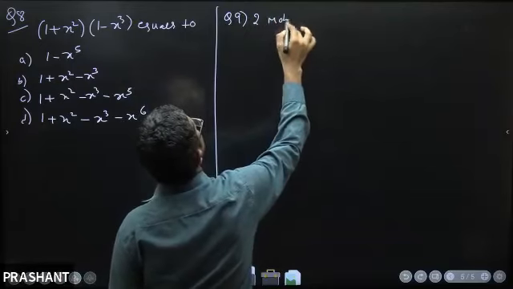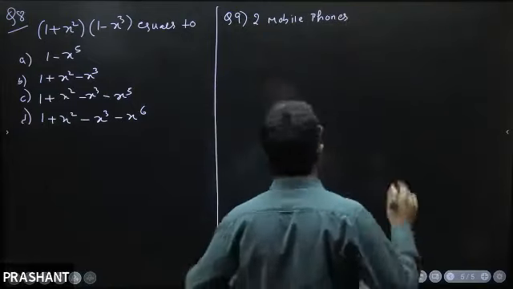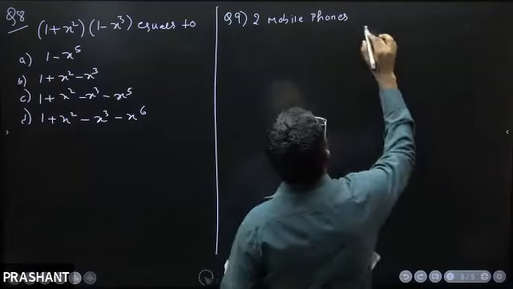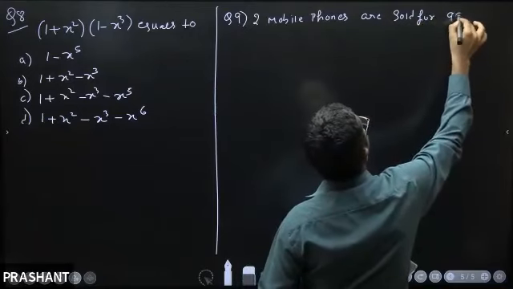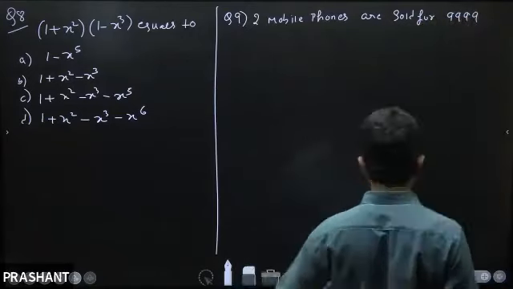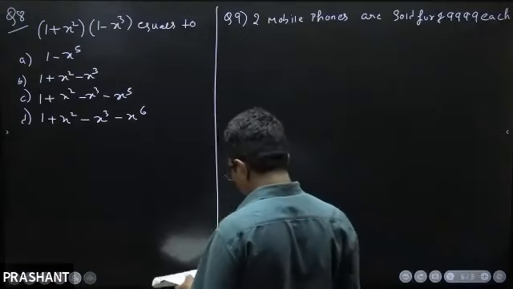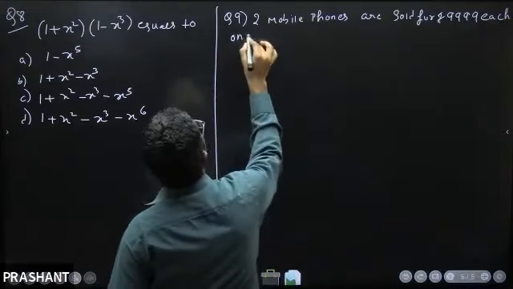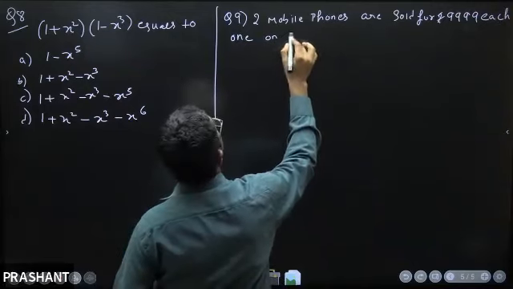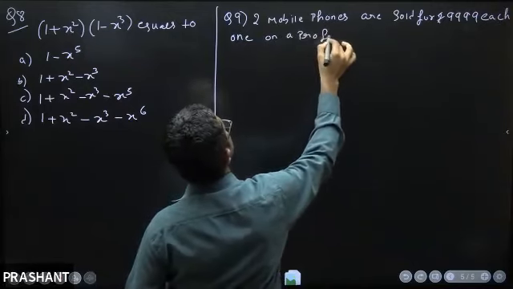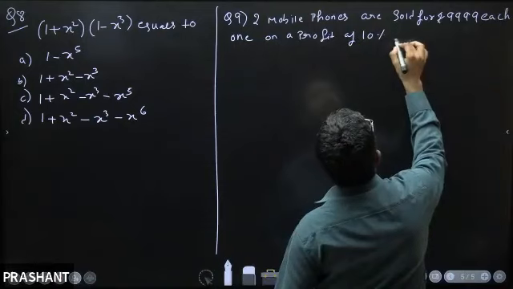Two mobile phones are sold for rupees 99 each.